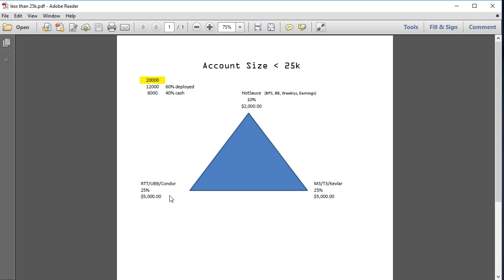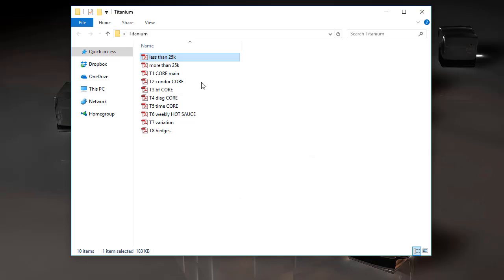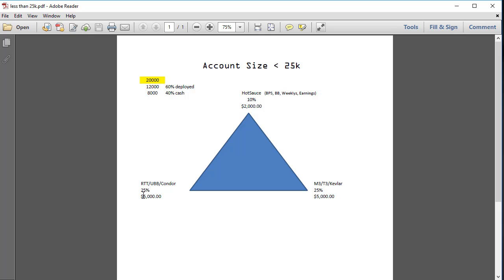And furthermore, I'm further diversified to where I'm only putting 25% into different types of trades, whether that's a road trip trade, whether that's an unbalanced butterfly, a put-only condor, all of these different methods right here, right? I'm only putting 25% into a certain category.